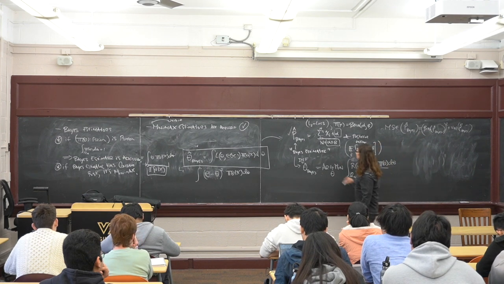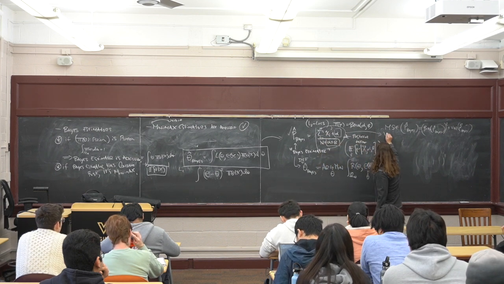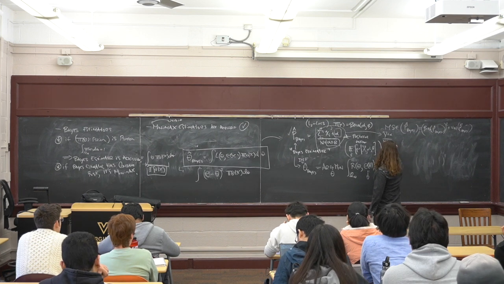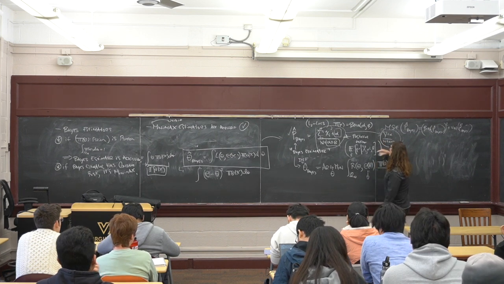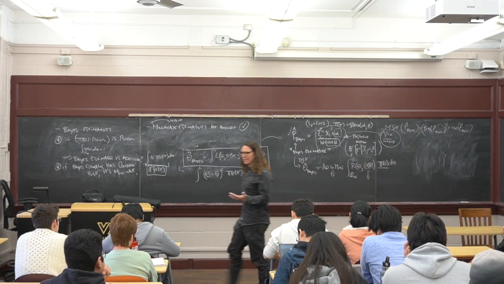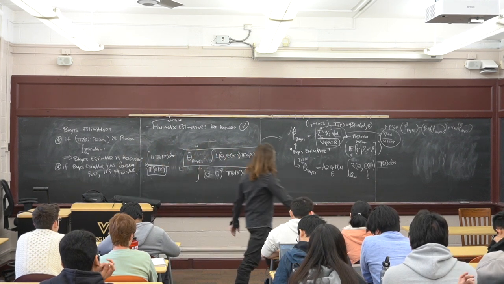I'm going to rewrite this. I'm just going to call this y plus alpha over n plus alpha plus beta, where my y is just the sum of the xi's. We know how that thing is distributed. It's going to be binomially distributed with parameters n and p.